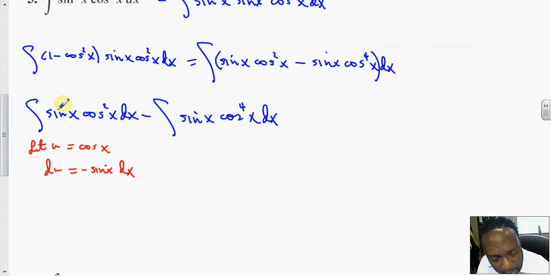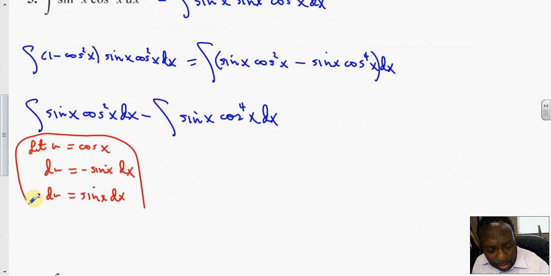The du will pick up that term by itself in the differential. So negative du is equal to sine x dx. The same thing happens over here, so we keep the same u-du terminology.